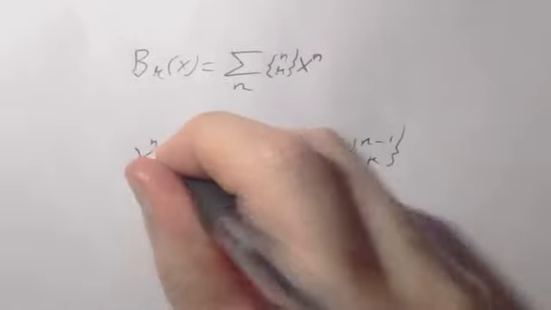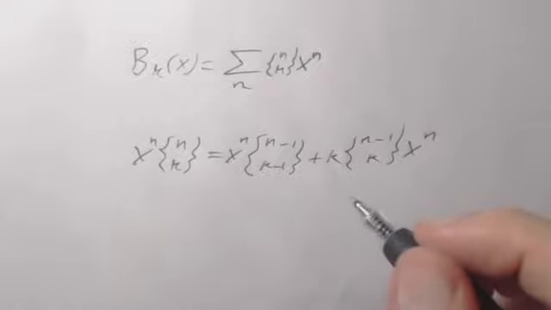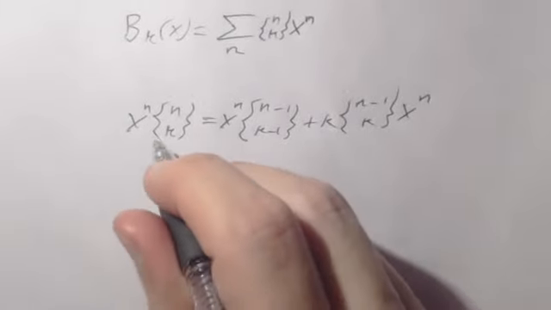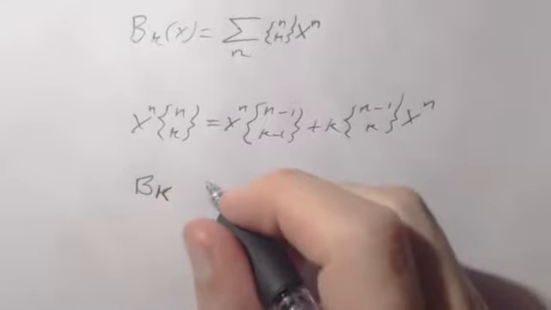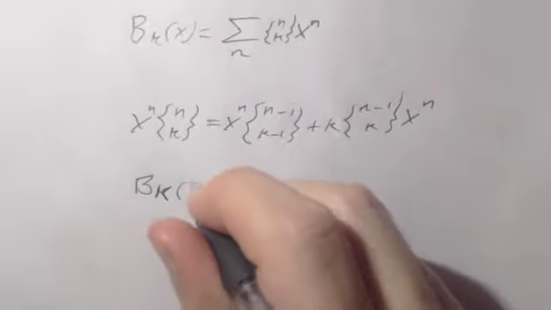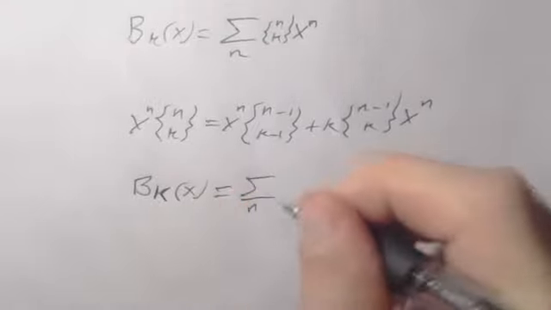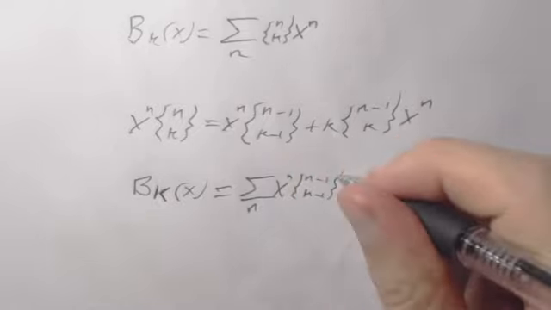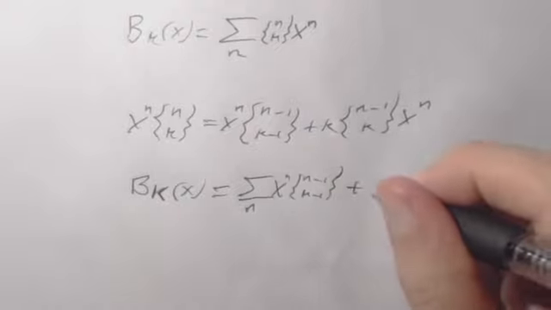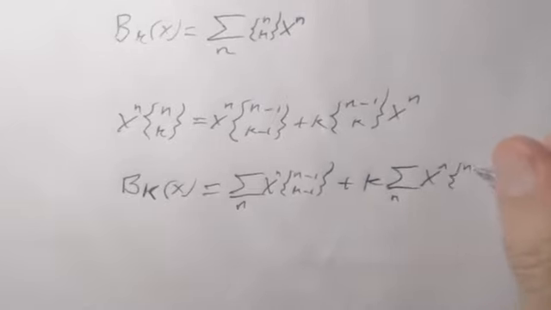So we're going to multiply both sides by x to the n and sum over all n. So we'll get B_k(x) on the left, equals the sum over n of x to the n {n-1 k-1} plus k times the sum over n of x to the n {n-1 k}.